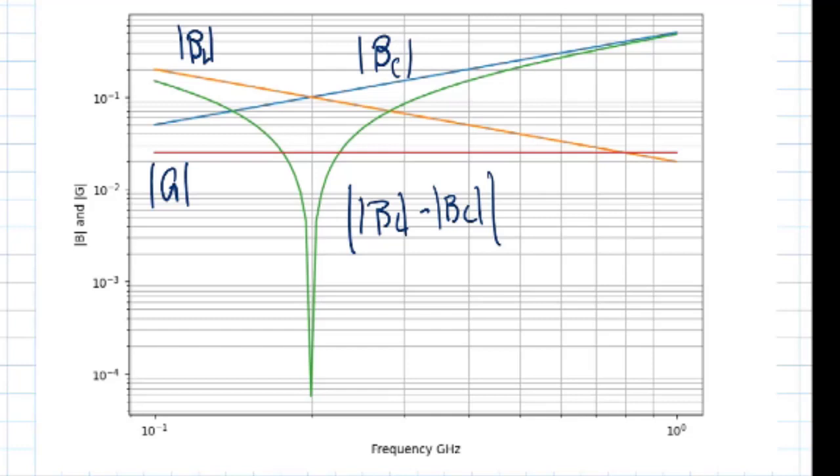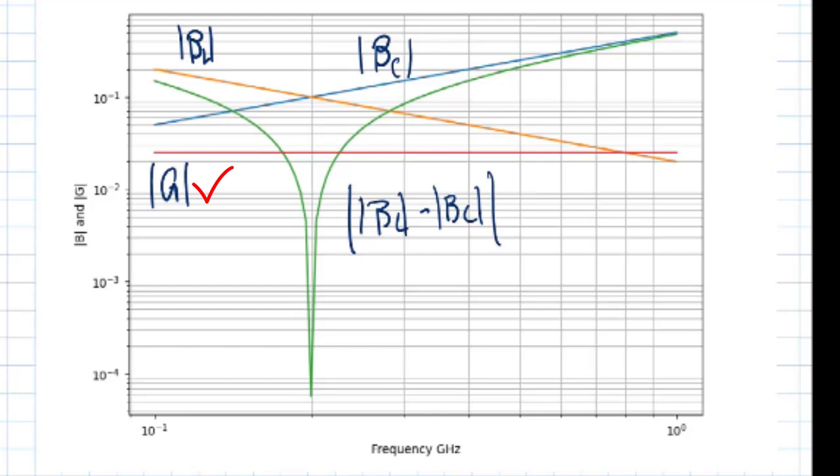And what that implies is that half of the power is getting through or being delivered to the conductance, and the other half is being absorbed and stored by the susceptance. So what that implies is that the magnitude of the combined susceptance and the magnitude of the conductance are the same.